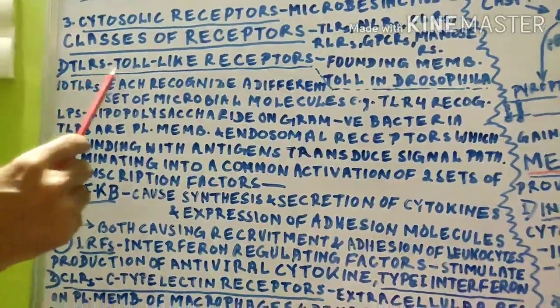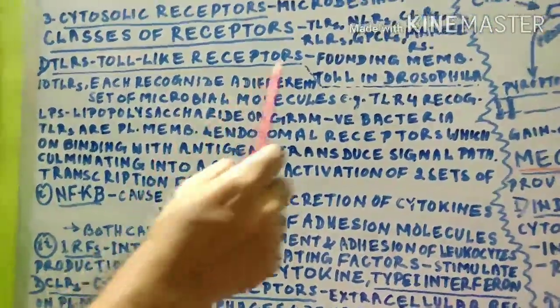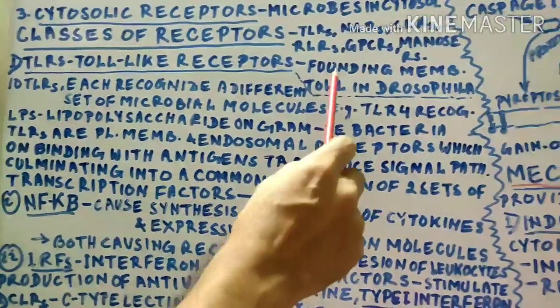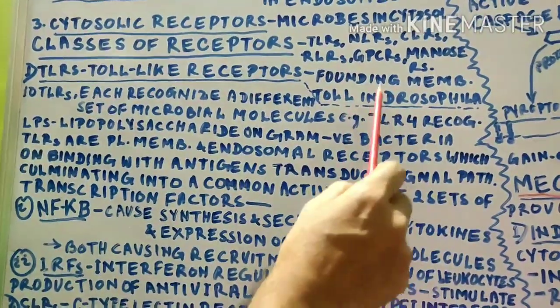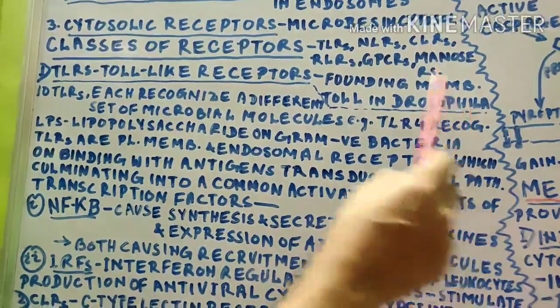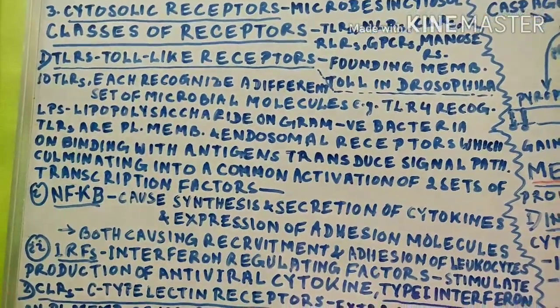First one is the TLR, meaning toll-like receptors. The name has been given after the founding member, Toll, which was first discovered in the Drosophila insect, about which you must have learned in your genetics during biology classes.